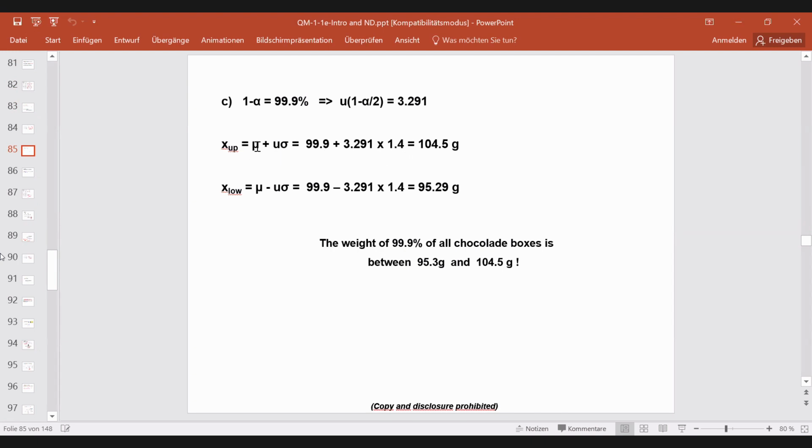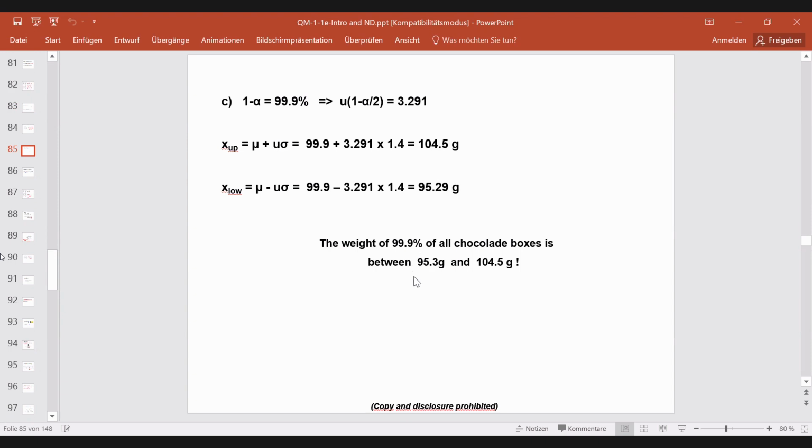here it is mu again, and then you get, here you have plus u sigma, here you have minus u sigma, so you have two equations, one for the upper limit and one for the lower limit. So the upper limit is 104.5 and the lower limit is 95.29 gram.